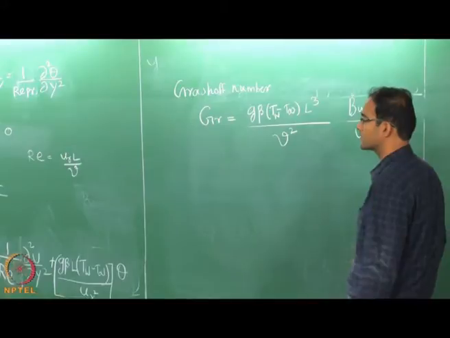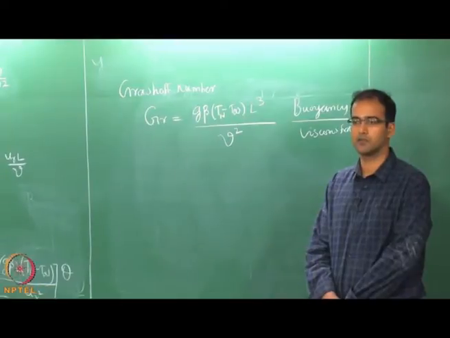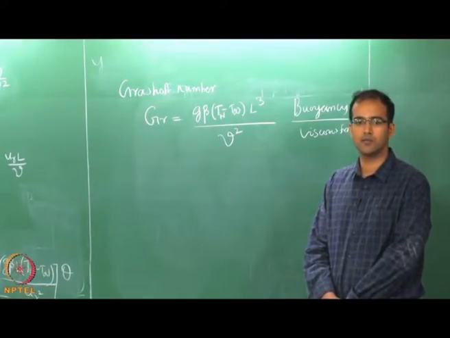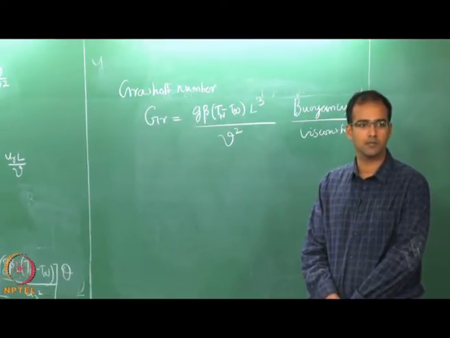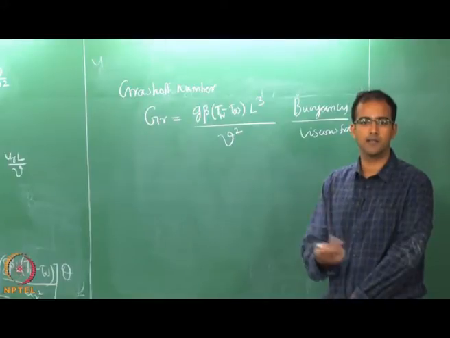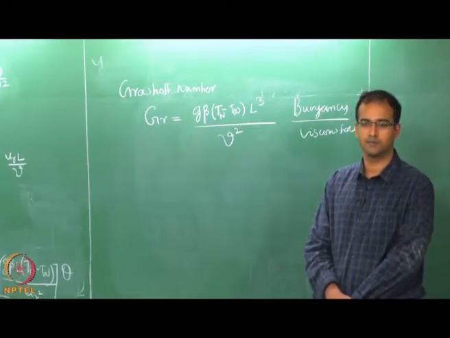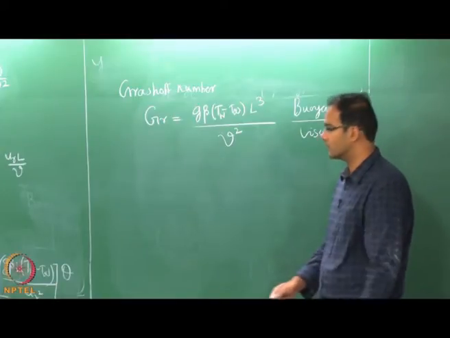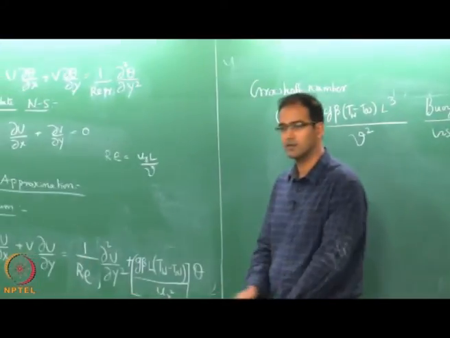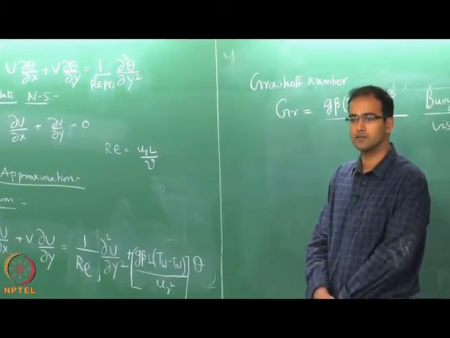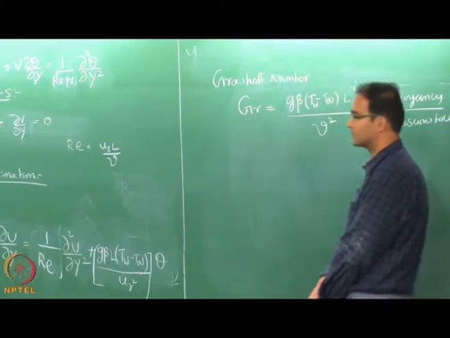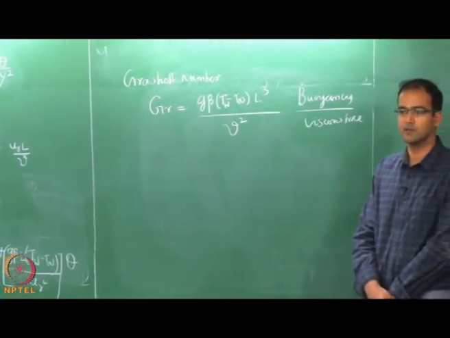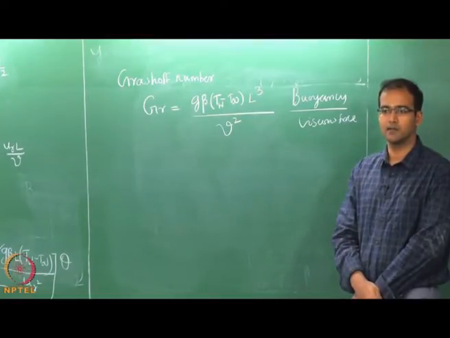So, you can imagine that this Grashof number is somewhat analogous to the Reynolds number in forced convection. So, there you have inertial force, here the inertial force is replaced by the buoyancy force, or in fact the inertia here is driven by buoyancy. Okay. And therefore, you can write this ratio of buoyancy to viscous force using the Grashof number and Reynolds number, because Grashof number is a function of buoyancy and viscous force, Reynolds number is nothing but inertia and viscous force.